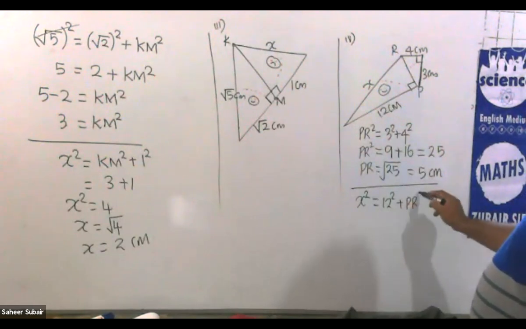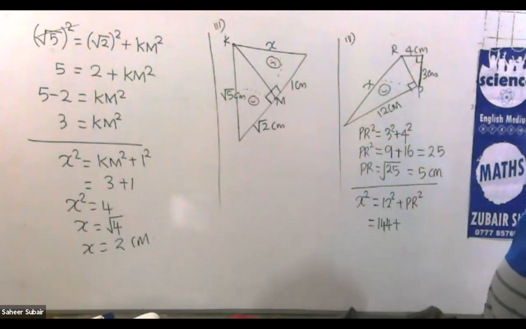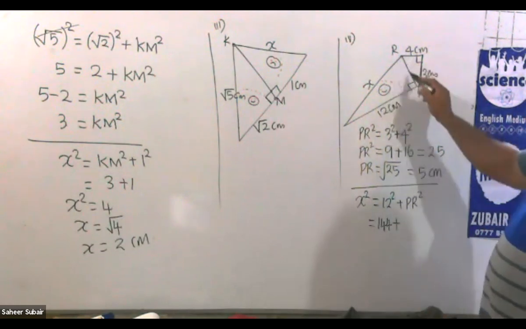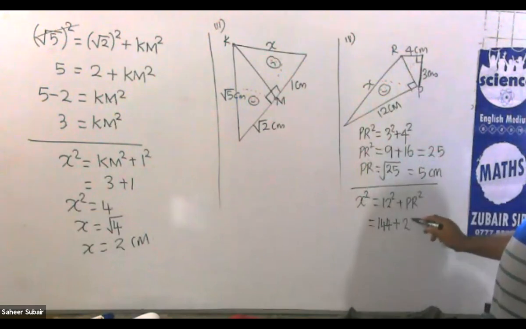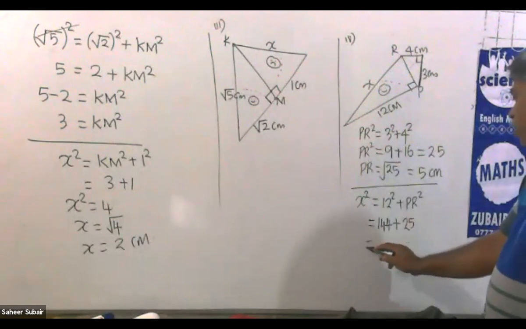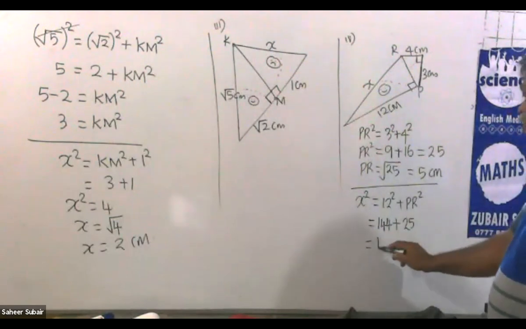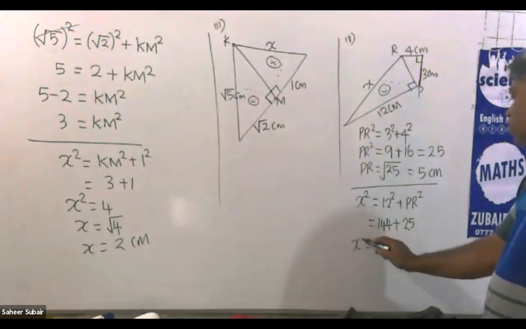What is 12 squared? 12 into 12, 144. Plus PR squared. PR squared is 25, or you can write 5 squared. Then 144 plus 25 is 169. That is x squared.